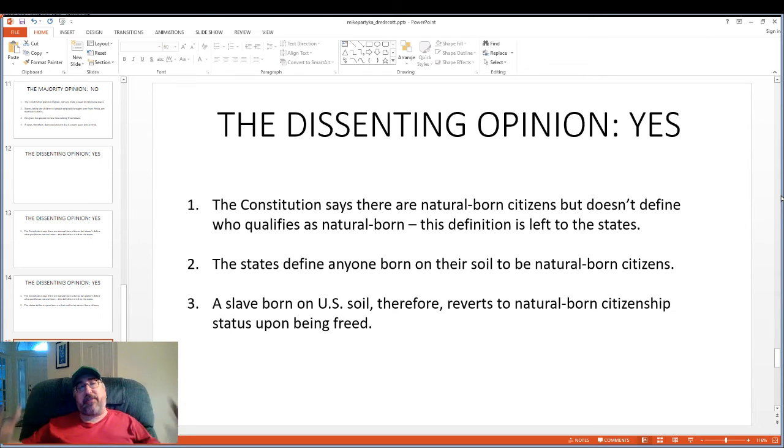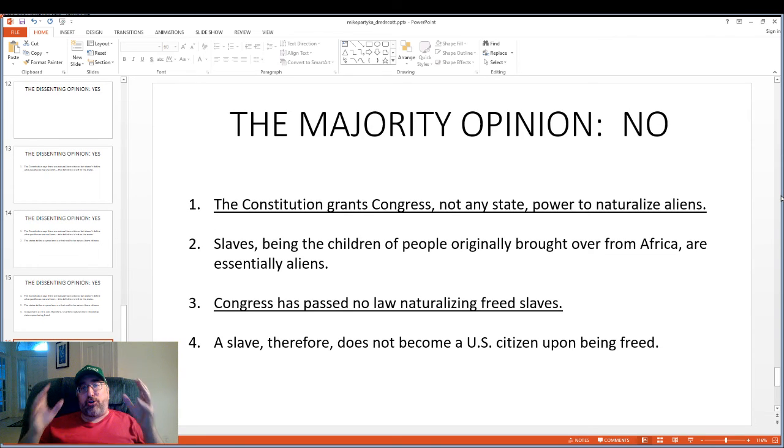Now, which of these two opinions, though, is the states' rights opinion? If states' rights is always pro slavery and always favoring the institution of slavery, you would expect that to be the majority opinion. However, the majority opinion is giving all the power in this case to Congress. It's interpreting the case strictly through the lens of Congress's naturalization power, and therefore it makes this case a federal case.